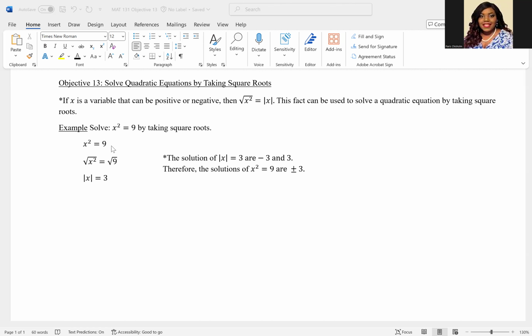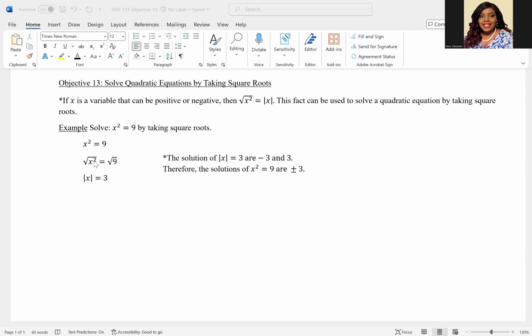So if we want to break down x squared, we can do the opposite of squaring something, which is take the square root of it, okay? And of course, if we do it on one side of the equation, we'll have to do it on the other side. So we will take the square root of both sides, okay?